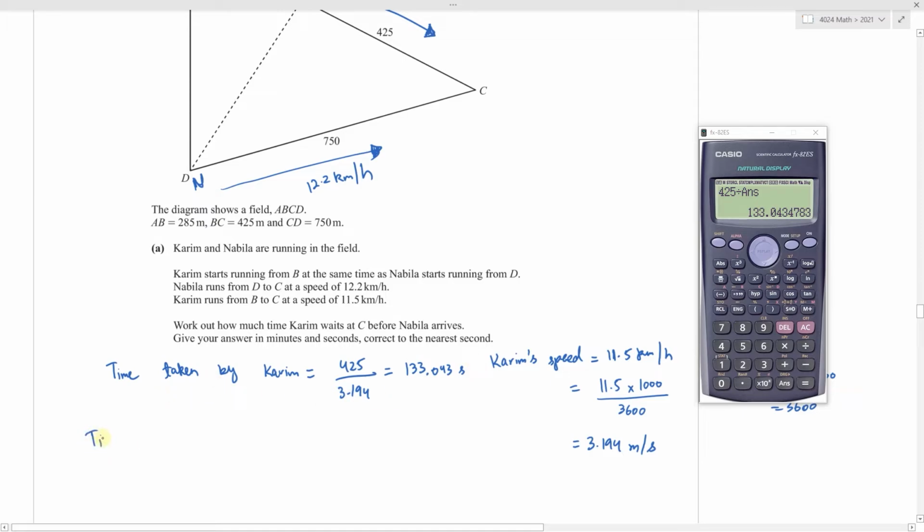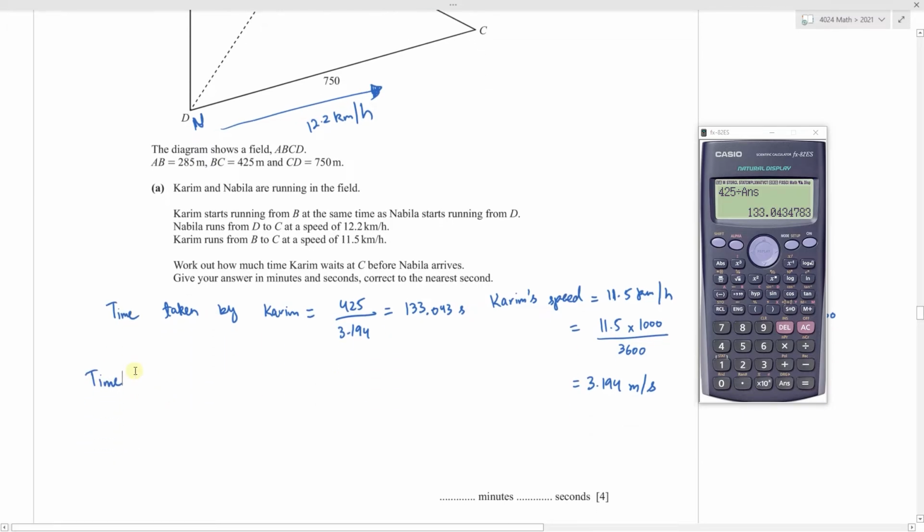Now let's calculate the time taken by Nabila. This will be the distance, which is 750, divided by the speed, which again we have to convert. Nabila's speed is 12.2 kilometers per hour.